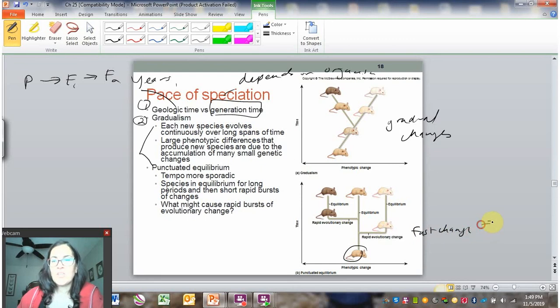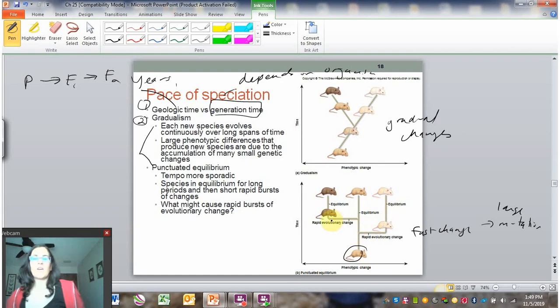This would be initiated by, for example, a dramatic mutation that causes the mouse to suddenly be white. So it didn't gradually become white, it suddenly became white due to a sudden mutation. And then that white mouse might be unchanged for a long period of time. Or it might be that there's a sudden mutation that causes a dark mouse, and then that dark mouse would be unchanged for a long period of time.